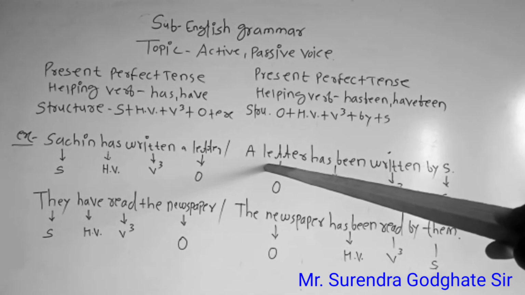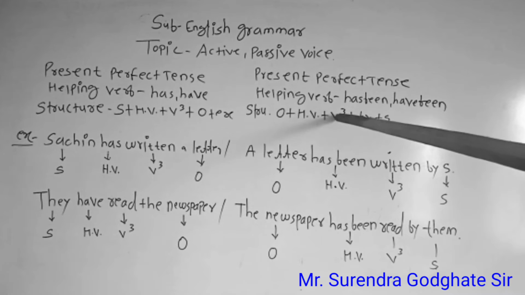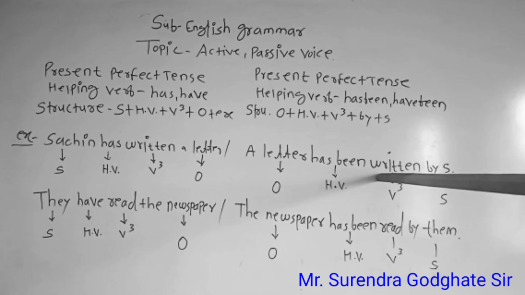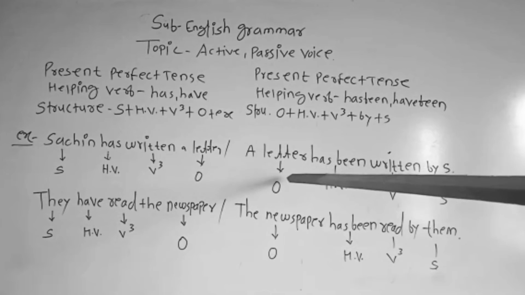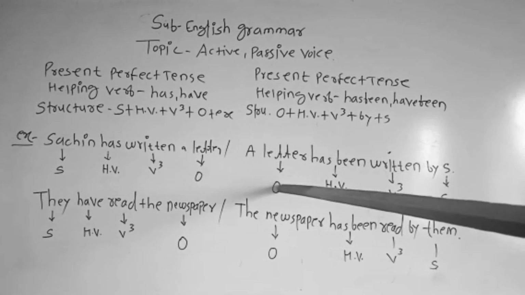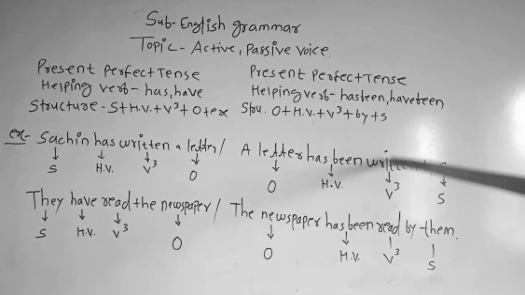Letter is singular, so we apply has been. Then v3 according to structure, written, the third form of v1, then by plus subject. Let us check whether this sentence is right or wrong according to structure: first object, then helping verb, then v3, then by plus subject last.